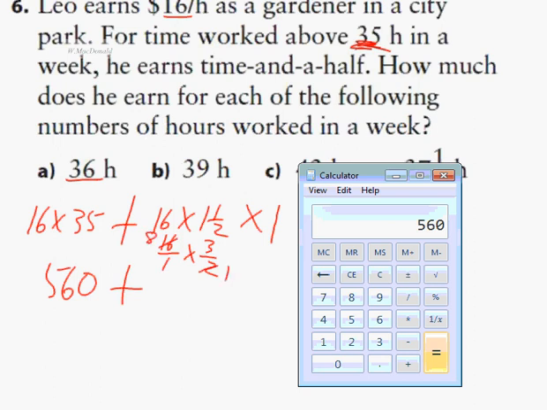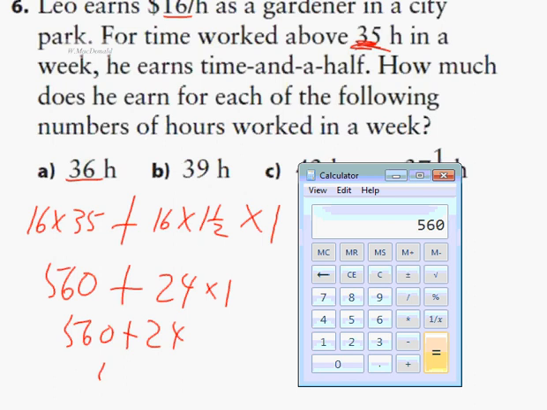He makes 24 bucks an hour for his overtime. Instead of making 16, he makes $24, which is 1.5 times the $16, multiplied by 1, which is how many hours he worked. So it's 560 plus 24, which equals $584 in wages for week 1, for that first question, A.